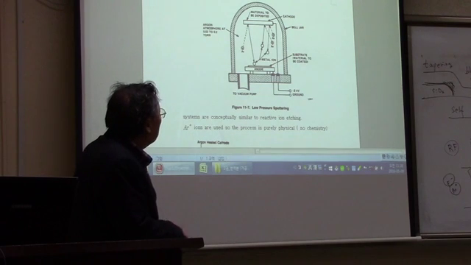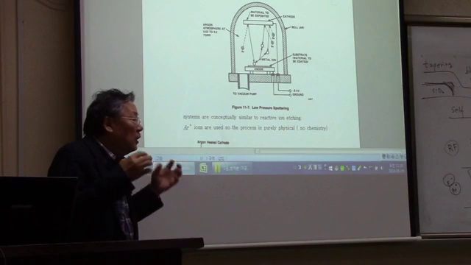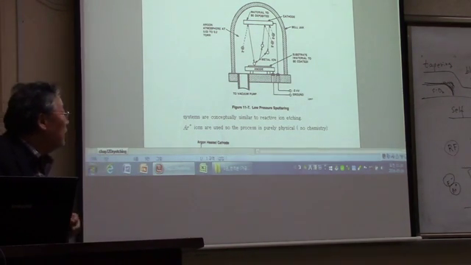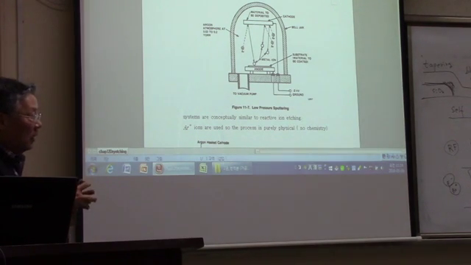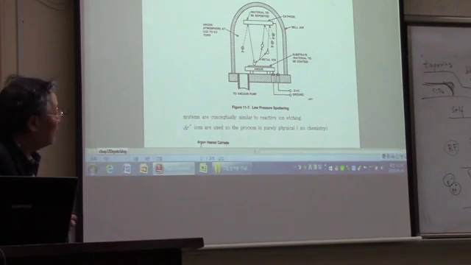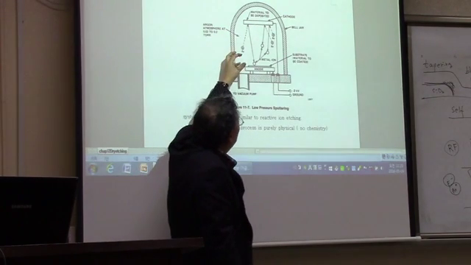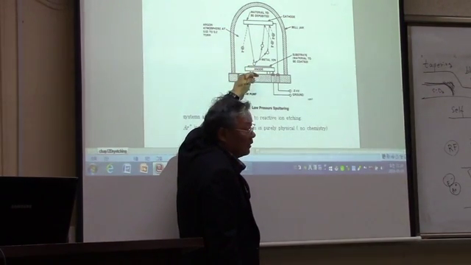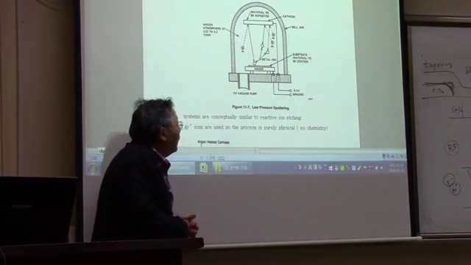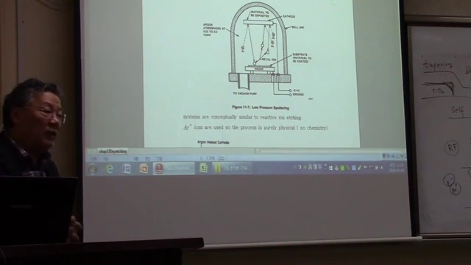And then the surface atoms of the target are going to be sputtered off by the physical collision between the argon ions and the target atoms. Then the sputtered-off atoms are going to be deposited on the substrate here. And you can immediately see that the deposition rate is not that great in this case.